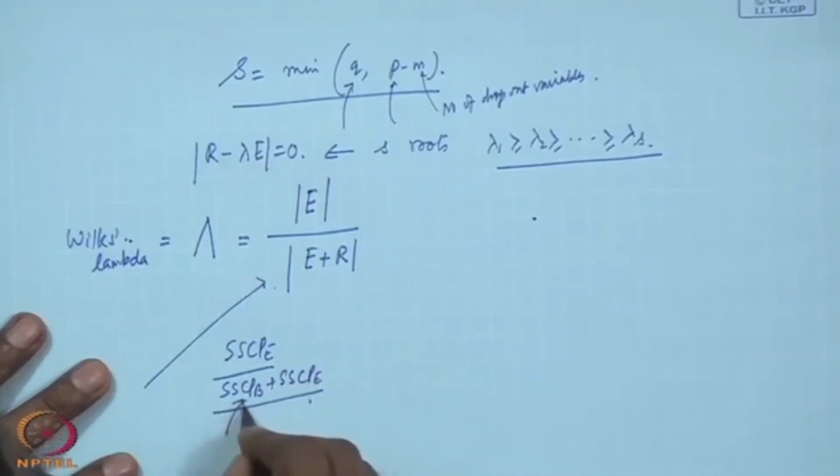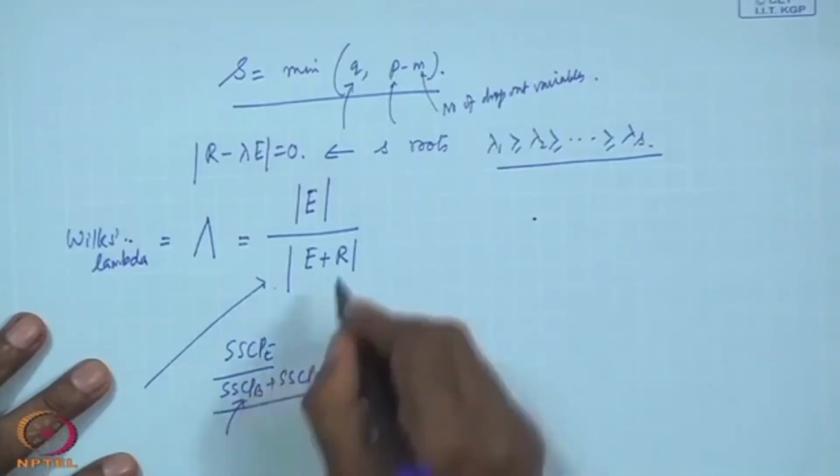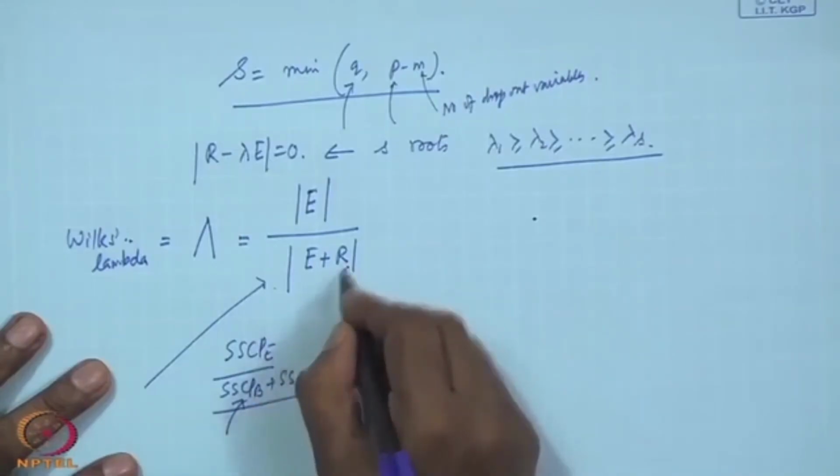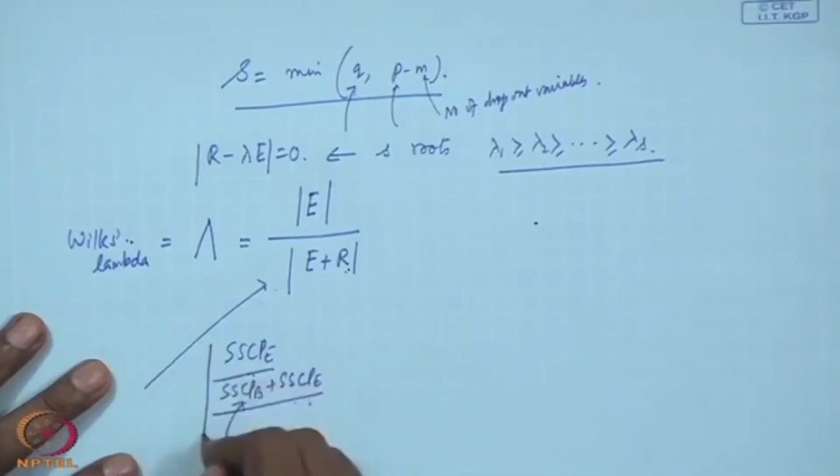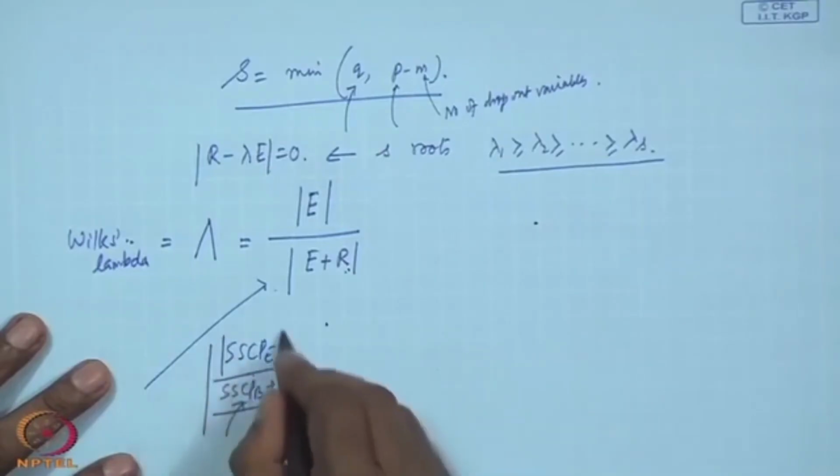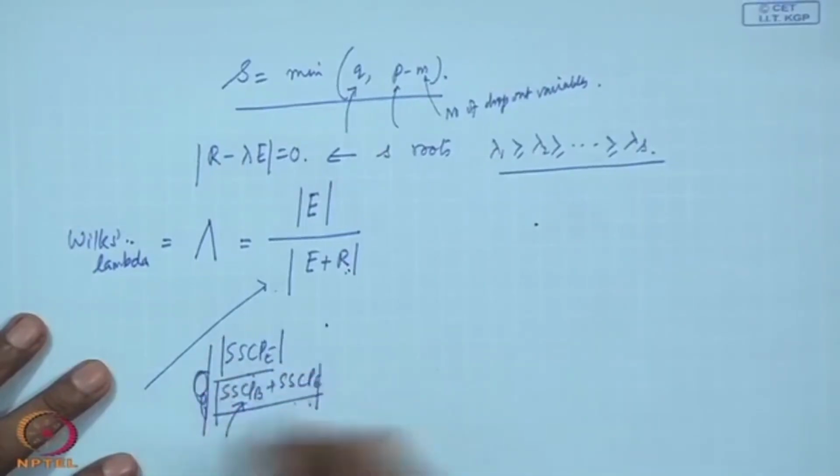Now this between means the population contribution, so it is similar to regression contribution versus error. The determinant of this divided by the determinant of this we have computed there.